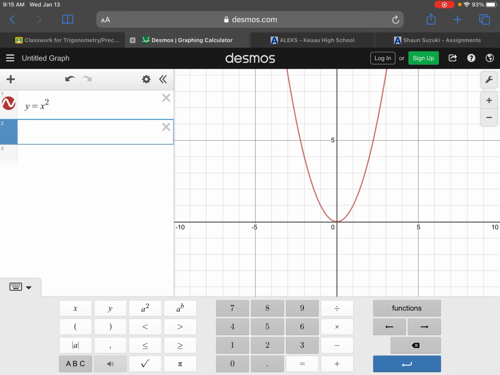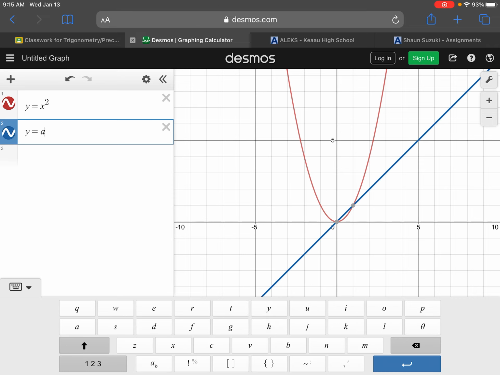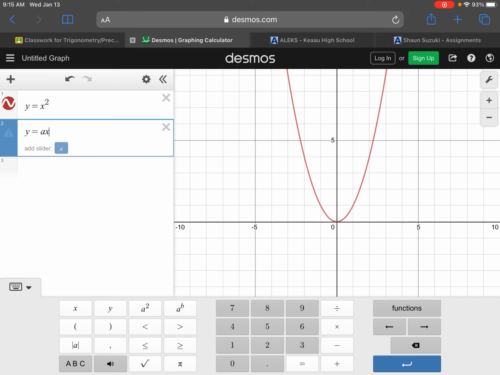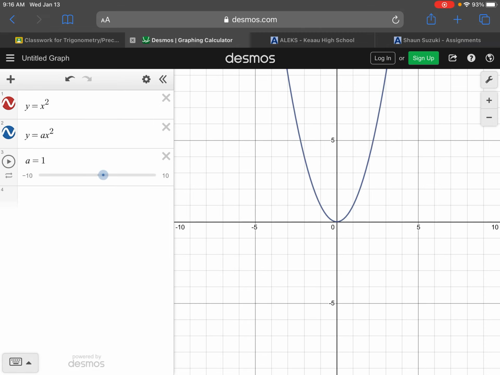If I put some number in front of x squared, we'll call it a, so y equals a times x squared. We'll put a slider in here and look at what this does.